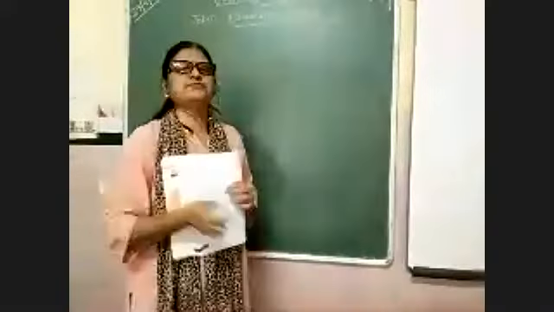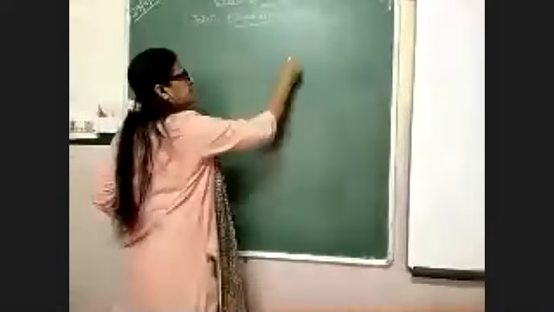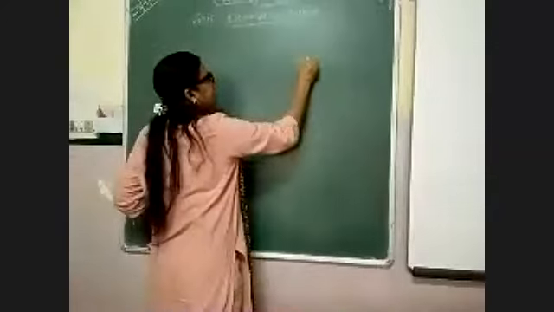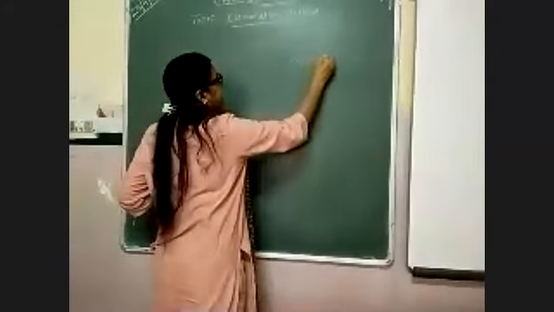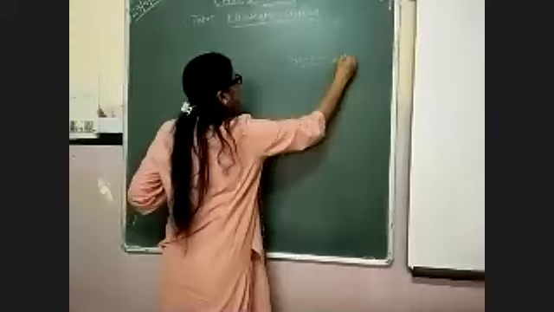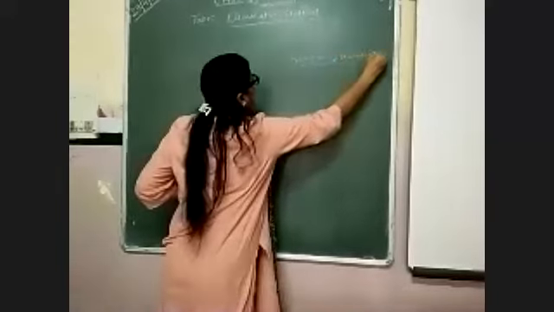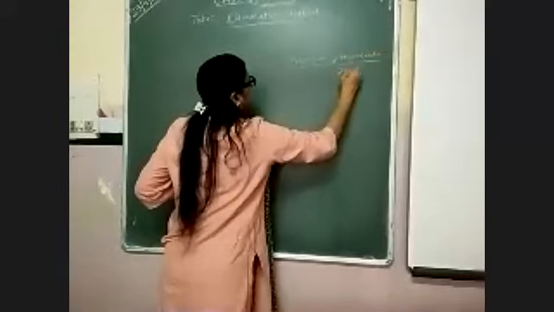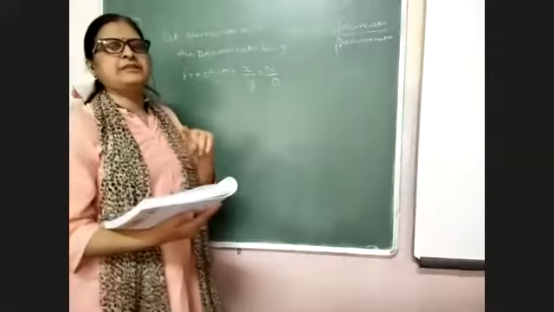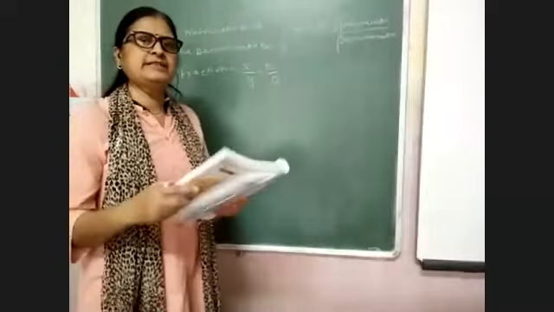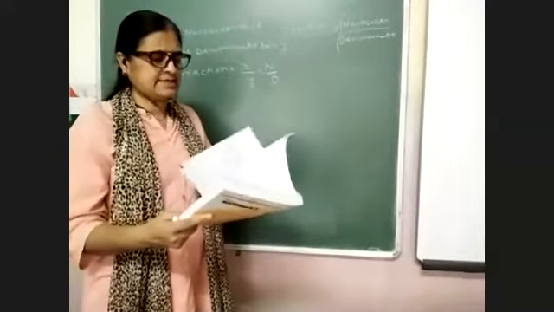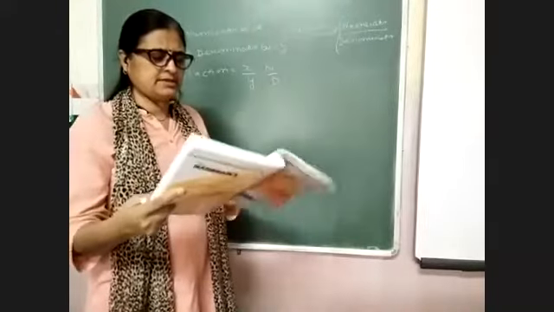A fraction becomes 9 upon 11. First, you will see what is a fraction. A fraction is numerator upon denominator. I will repeat the statement again, and you will see it in your NCERT book, exercise 3.4, question number 3, the 5th part.